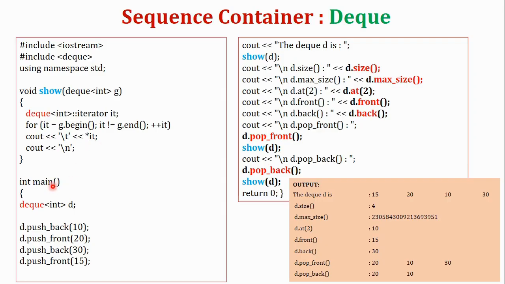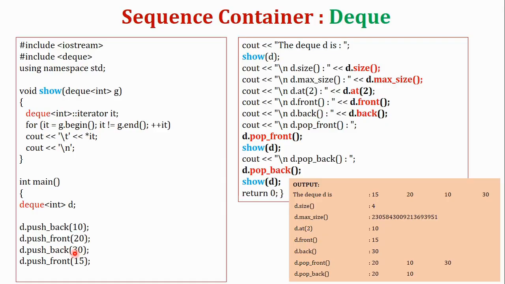So here in the main program, the object is created from the DQ. Now we are going to push values into the DQ. Two ways we can push, right? Front side also you can insert the value and back side also you can insert the value. So now push back 10. Now the 10 is inserted. And next one is push front 20. So the 20 is inserted here, front, right.